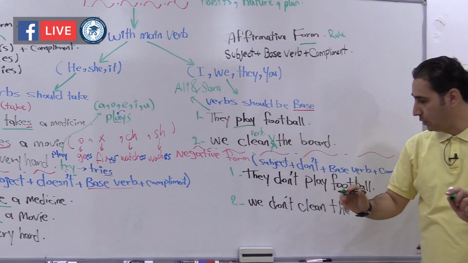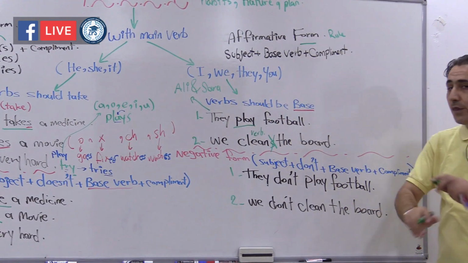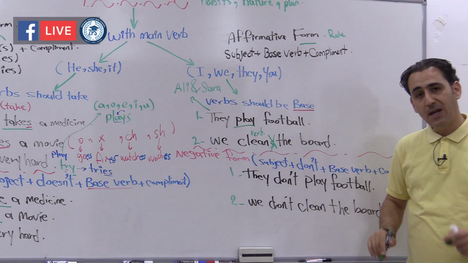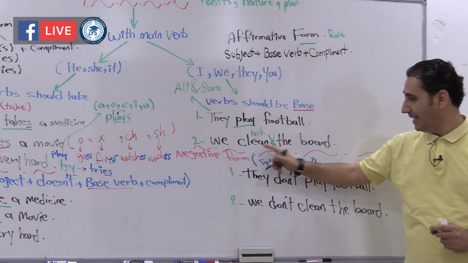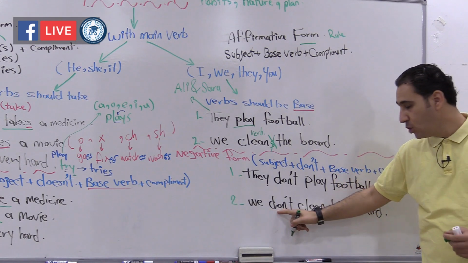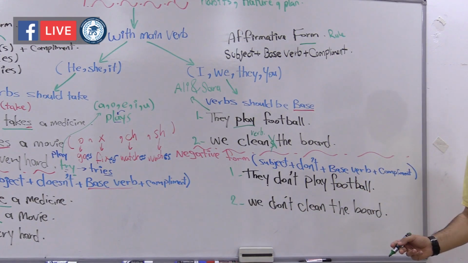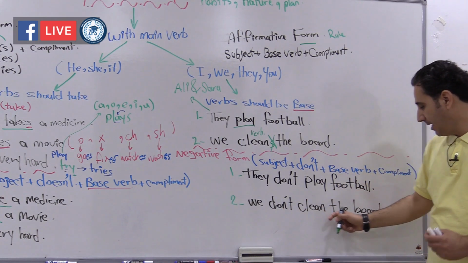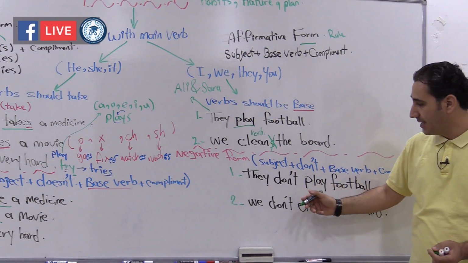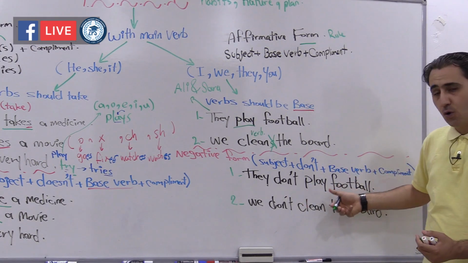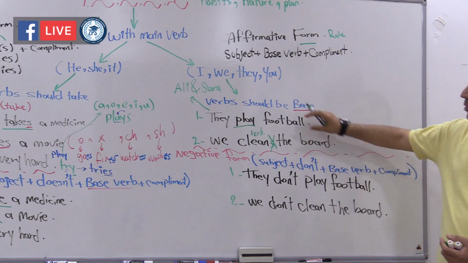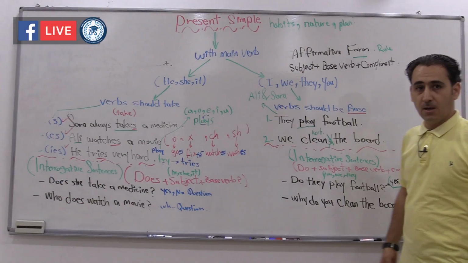They don't play football. We clean the board. We don't clean the board. So this is how we can make a negative form by using the plural subjects.